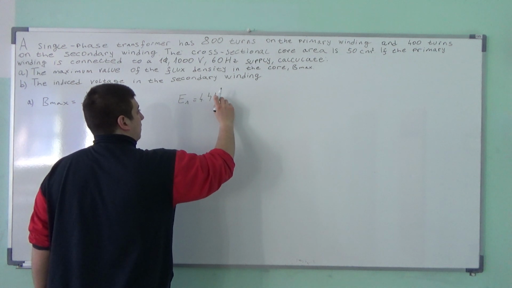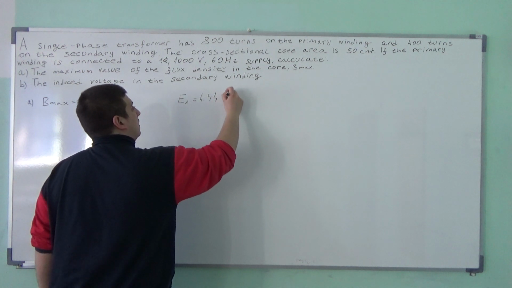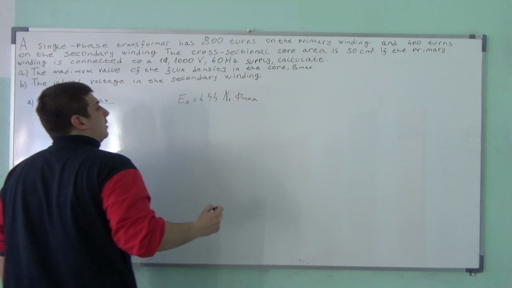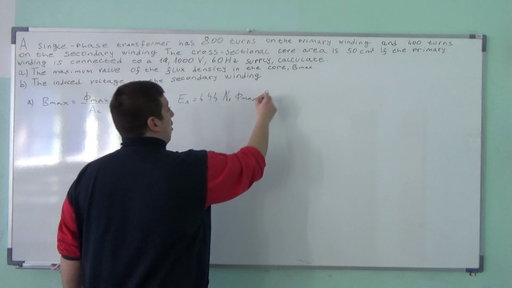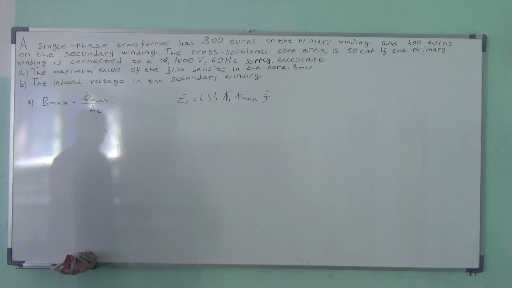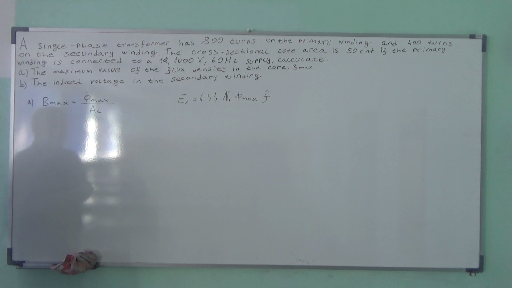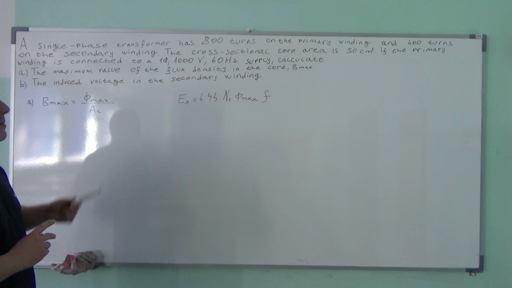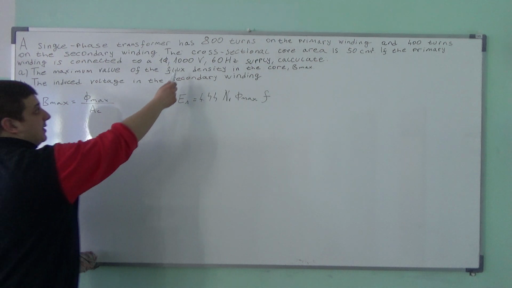4.44 times N1 times flux maximum times the frequency of the supply. We know that the induced voltage on the primary side is 1000 volts.